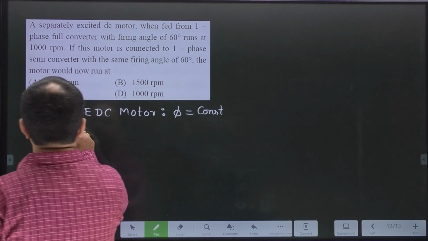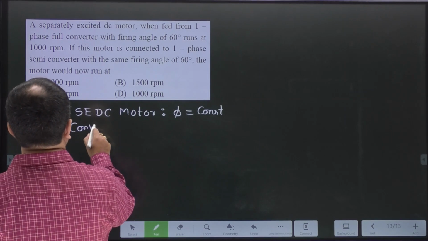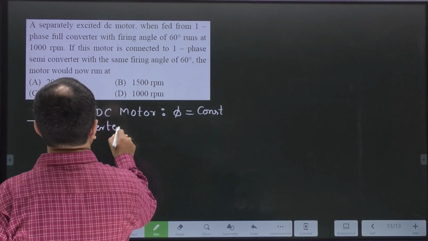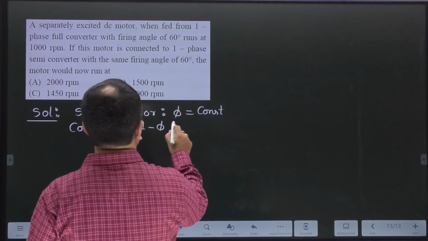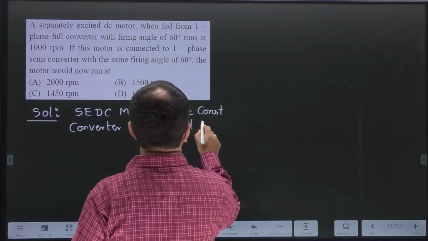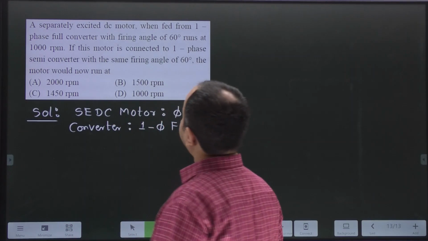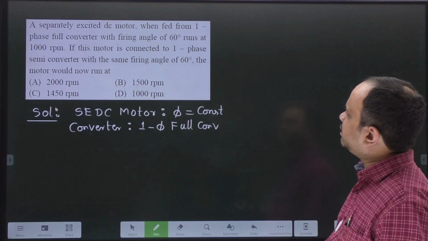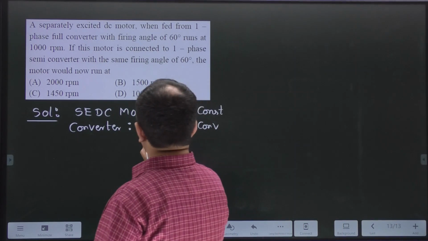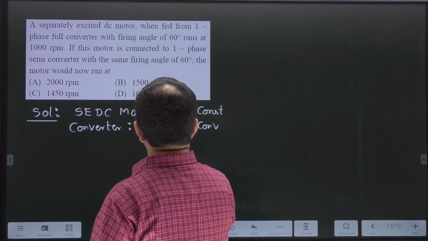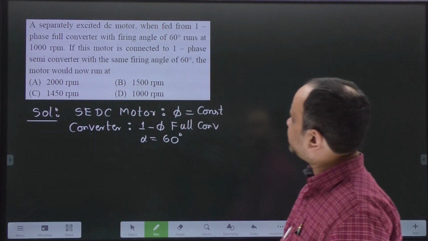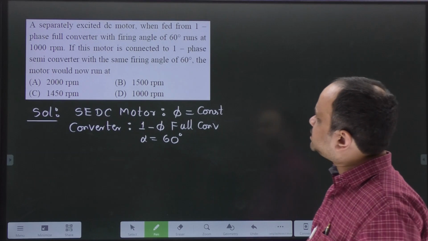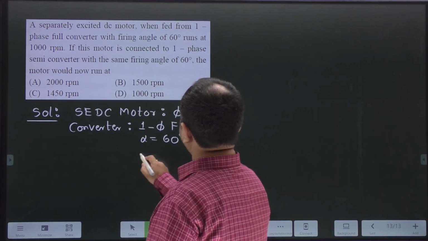Okay, here converter is given that single phase full converter. It is operating with a firing angle of 60 degree and runs at 1000 rpm.